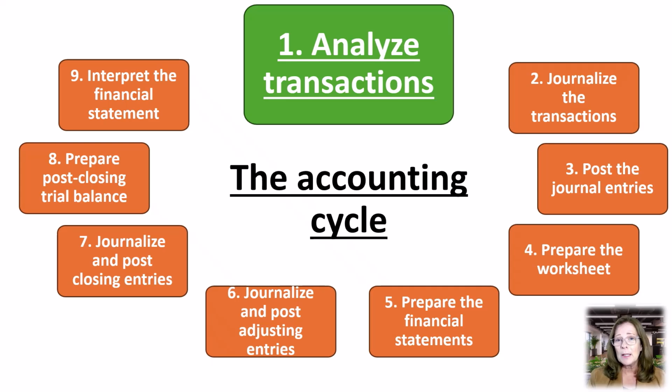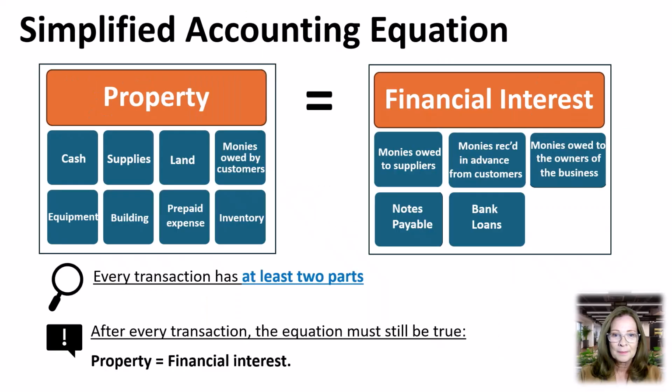We'll start slow, and at the beginning of our analysis, we'll use a simplified basic version of the accounting equation so that you can understand step by step how we arrive at the fundamental accounting equation we'll continue to use throughout this class. The simplified accounting equation basically states that the property of the company is equal to the financial interest in the business.